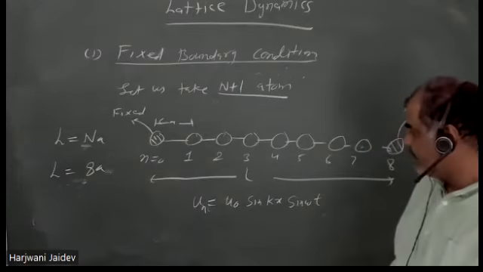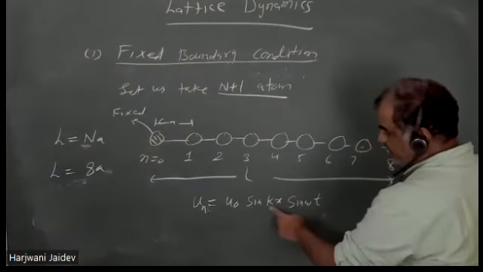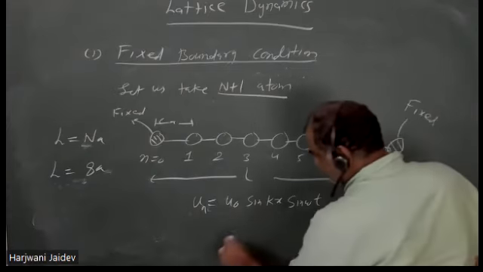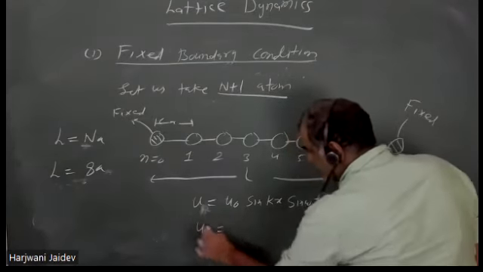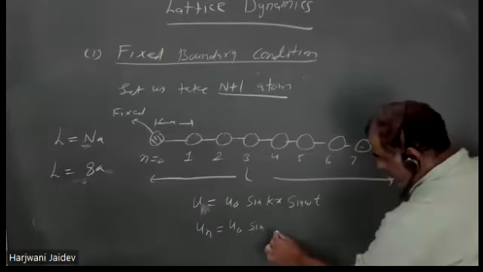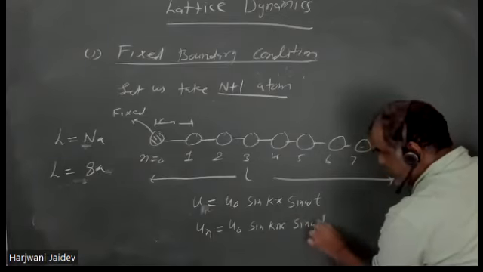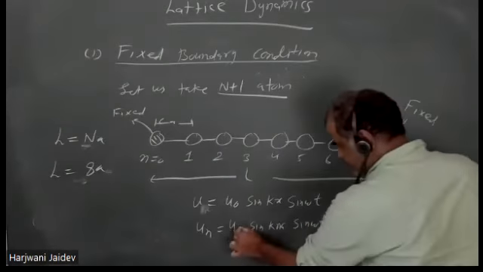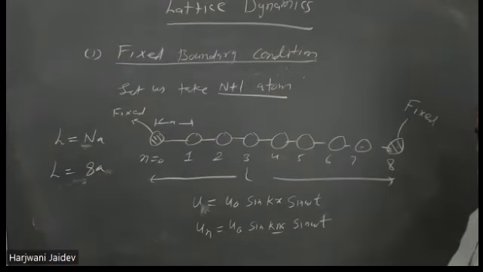Now suppose I am taking some nth atom. If I am taking the nth atom, I can write un as u0 sin k na sin omega t for any nth atom. I can write this equation with x equal to na.